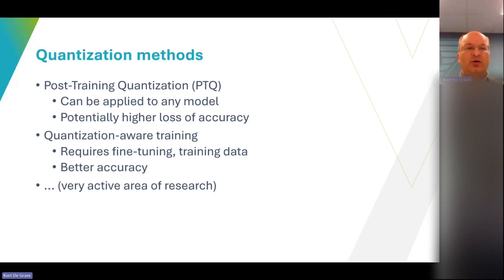This quantization can occur after training, where you just train a model in whatever format you prefer, and then afterwards convert the weights, either by just looking at the weights themselves, or also using some data.